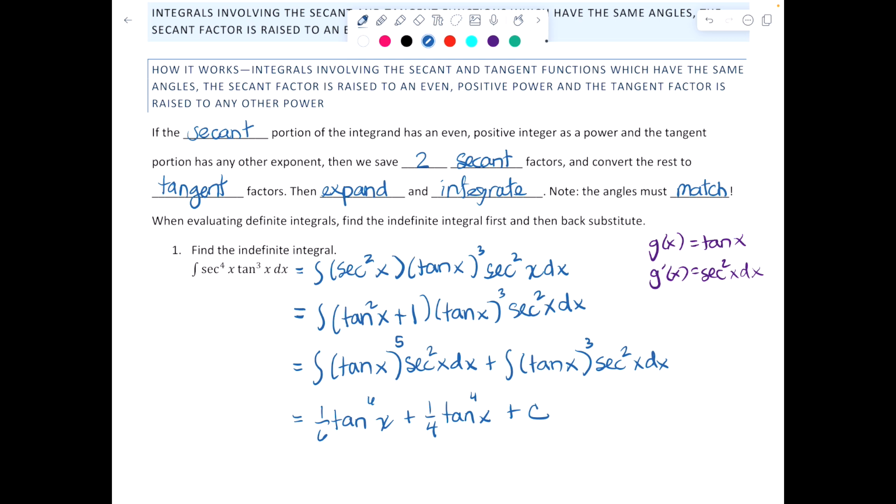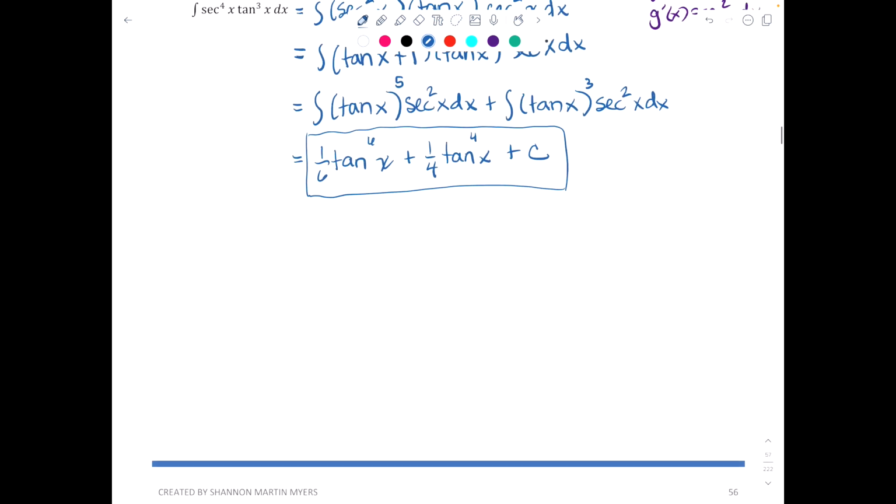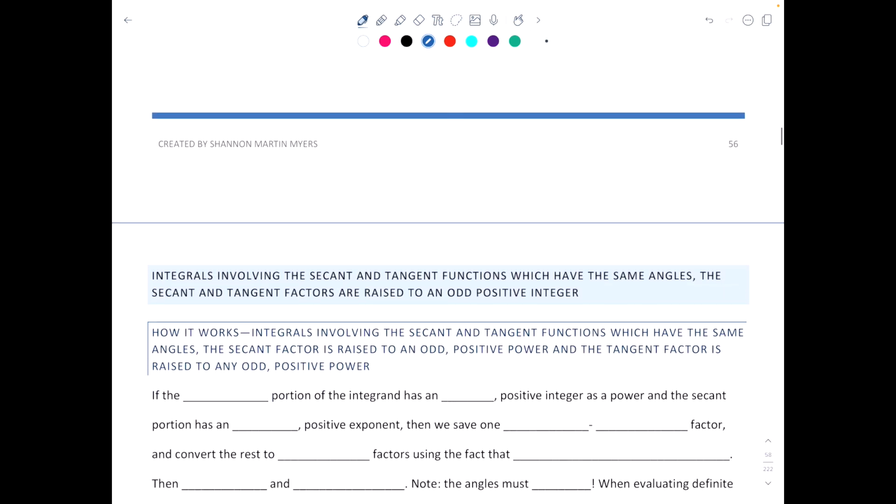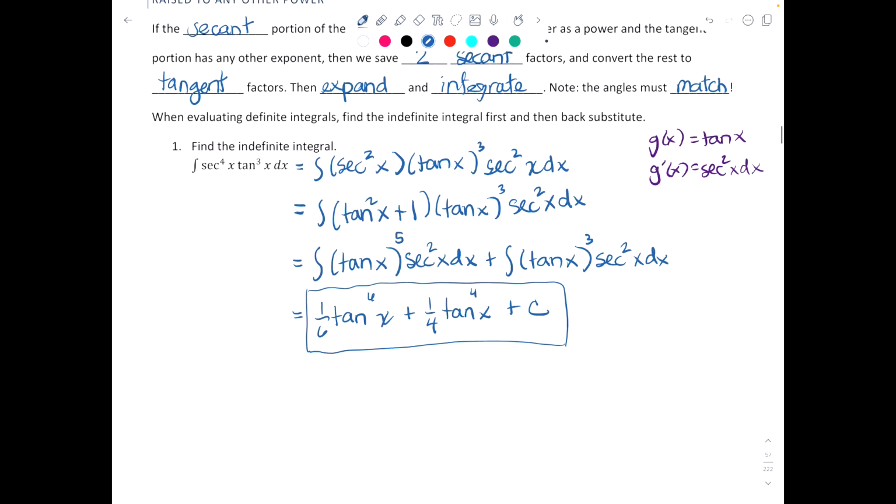And we're good to go. Groovy? I'll highlight it to make sure you've got it: our g prime of x was all of this here. That's why we were able to use the general power rule.